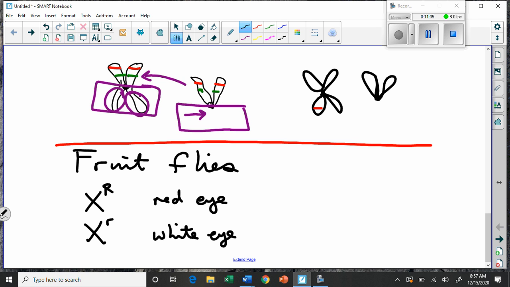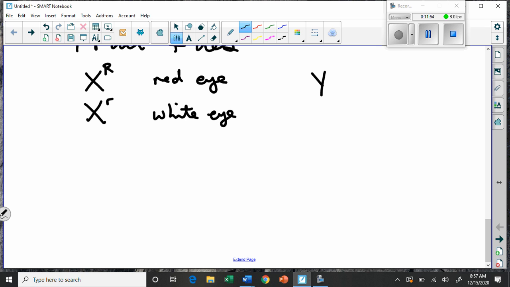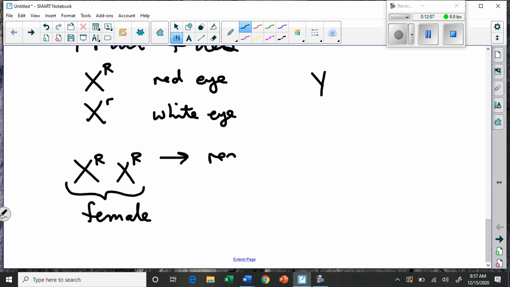Now, the Y chromosome does not carry either one. So the eye gene would be located on the bottom part of the X. The Y chromosome does not have an allele for this. So look at the possible combinations you could get. If you were to cross and get this combination, two X's, the two X's mean you're female, and the two R's mean that you'd have red eyes.